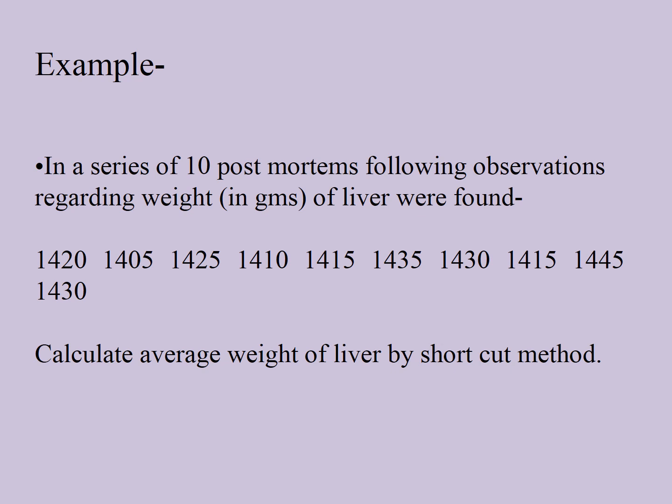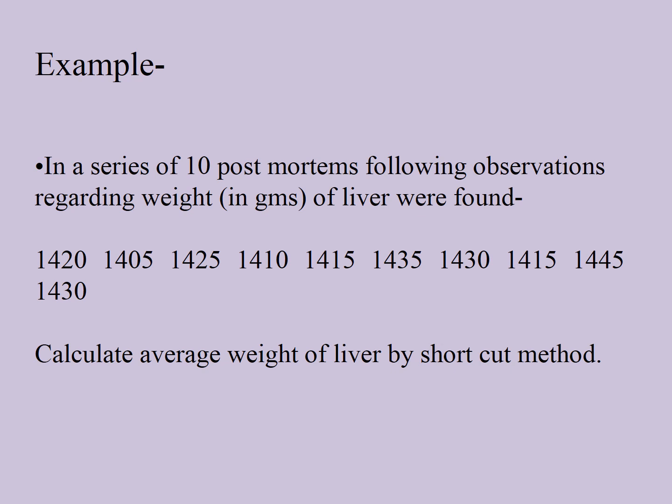Now please notice that in the question we have mentioned the shortcut method, and if a similar question comes in your exam and you calculate the arithmetic mean by the normal method, you can lose your marks. You have to calculate the average weight of a liver by the shortcut method.